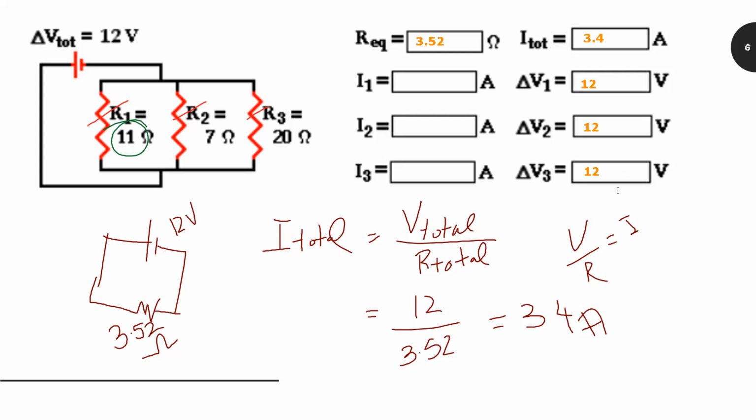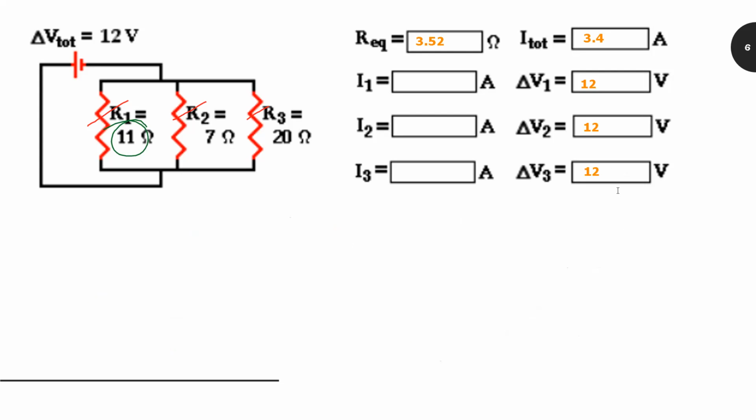It is parallel. Parallel is current distributor. So only the current will be distributed into the resistances, but the voltage will be the same. Like if you bring a voltmeter here, you will find it's 12.